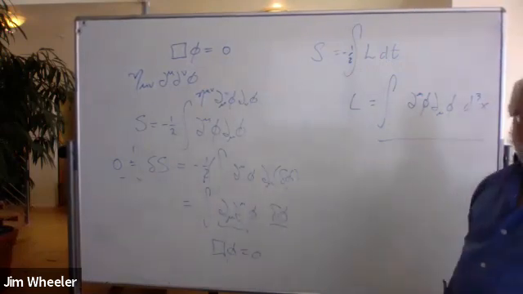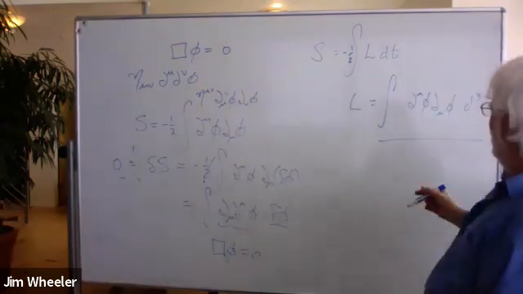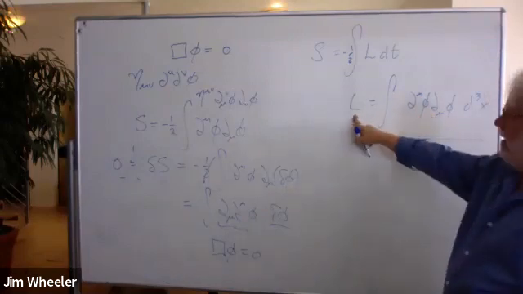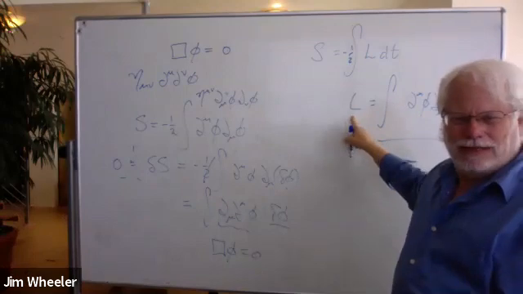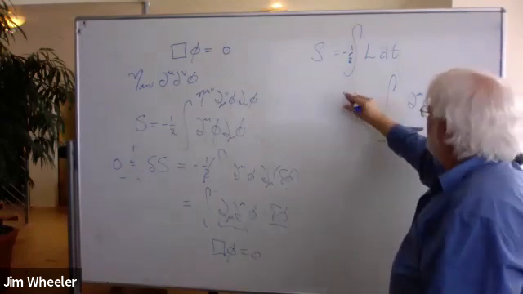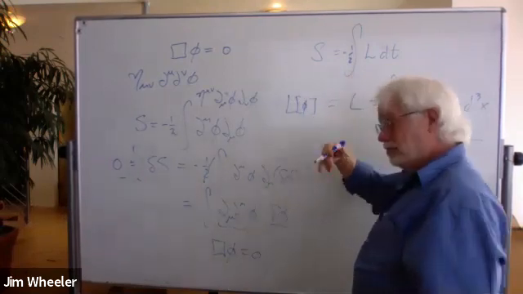So the Lagrangian becomes a functional, right? You give me a whole function phi, I can tell you what the Lagrangian is, if I can integrate well enough. So this L is actually a functional of the field phi and its derivatives.